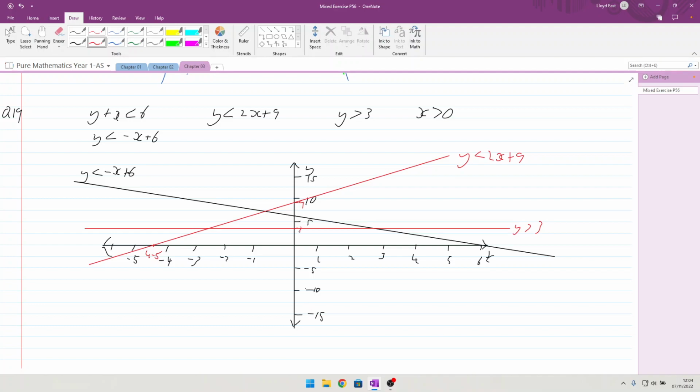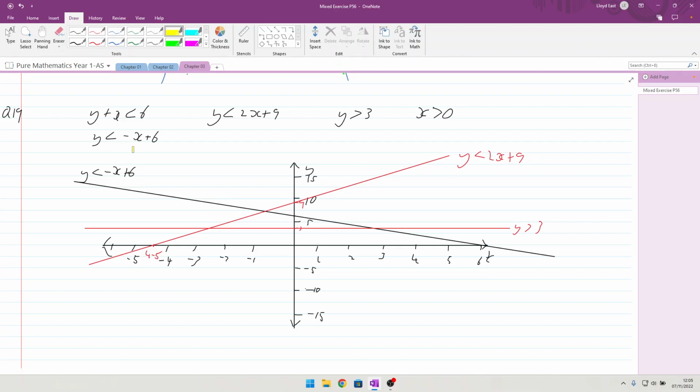So when x is greater than 0, it's everything to the right of it. Okay. Y is greater than 3, that's everything above this bottom red line. Okay. When y is less than, that's everything below this line, I think. Okay.